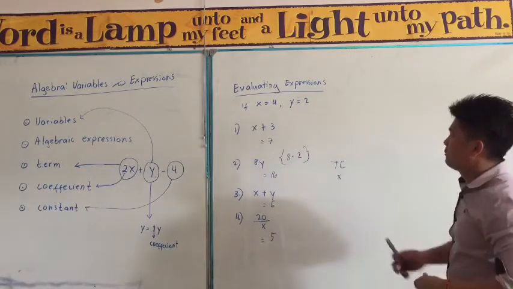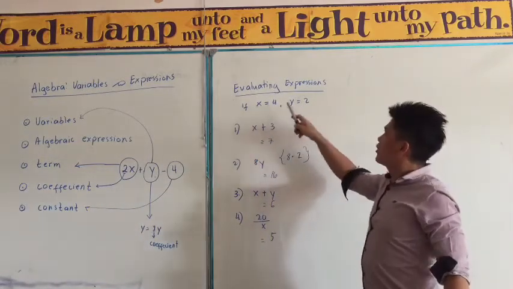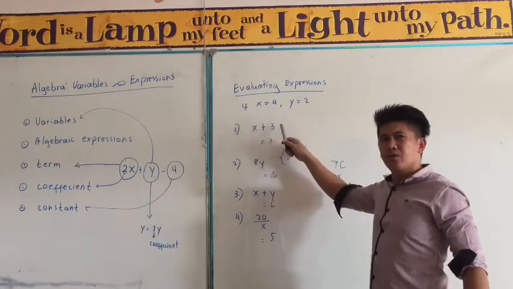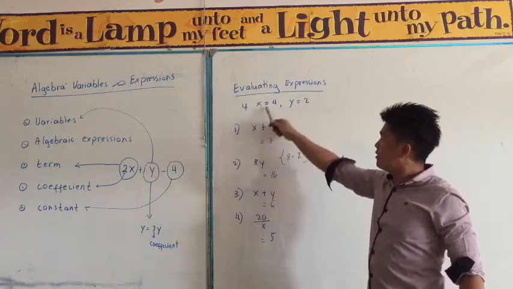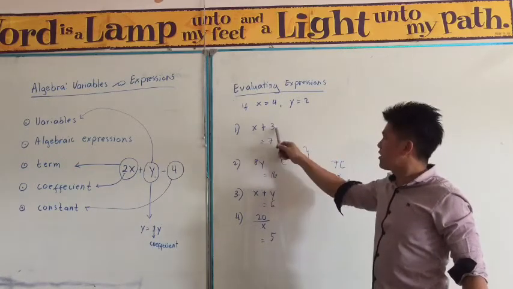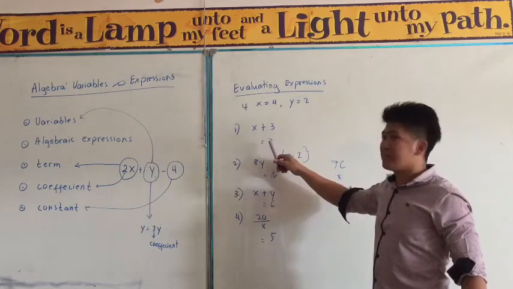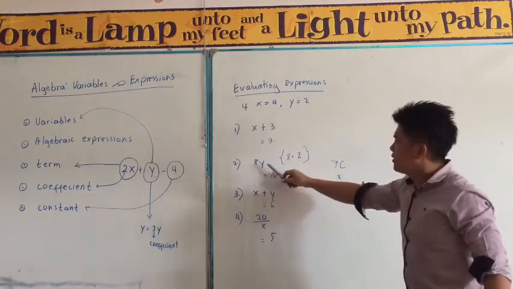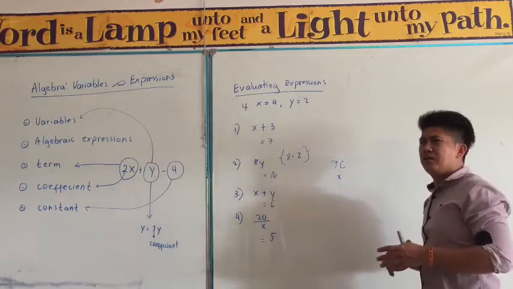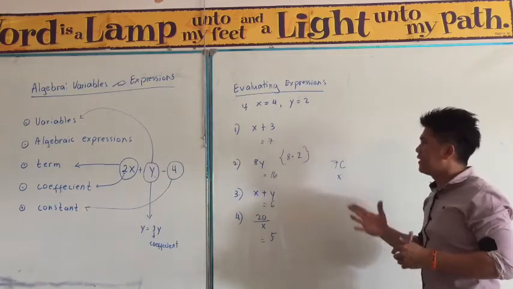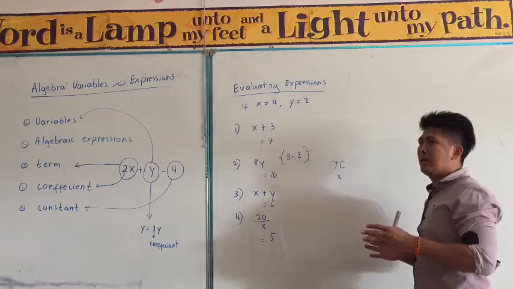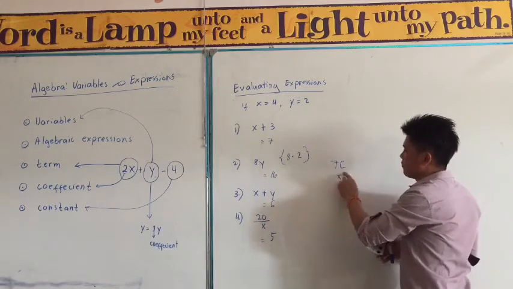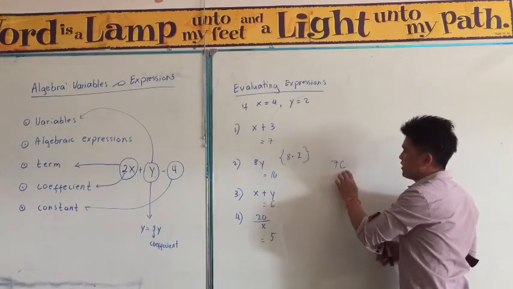If x equals 4 and y equals 2, then what is x plus 3? Our x, we know, is 4. So 4 plus 3 is 7. The answer is 7. How about 8y? If numbers are paired with letters, it means they are times. For example, 7c means 7 times c.